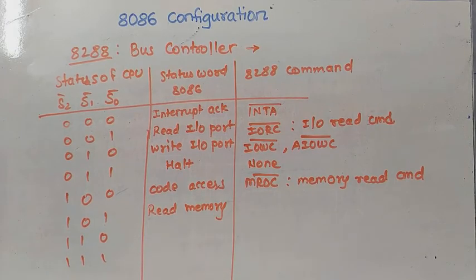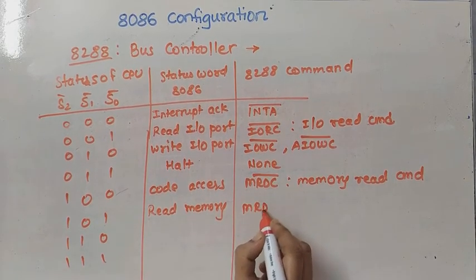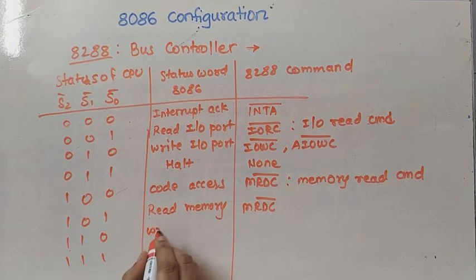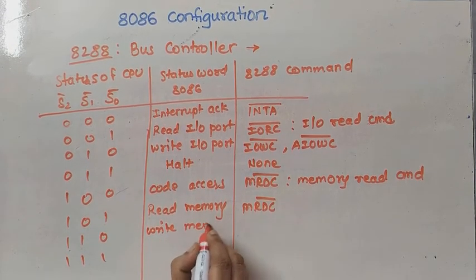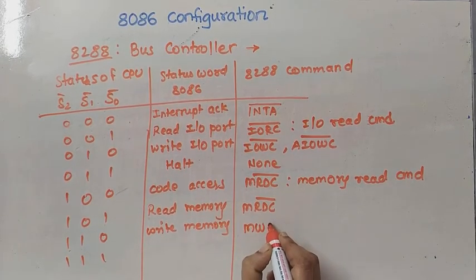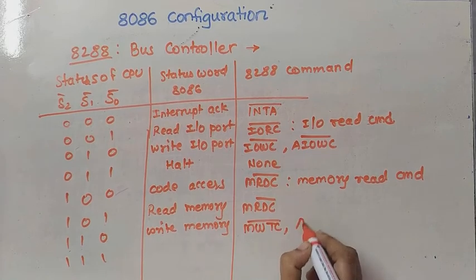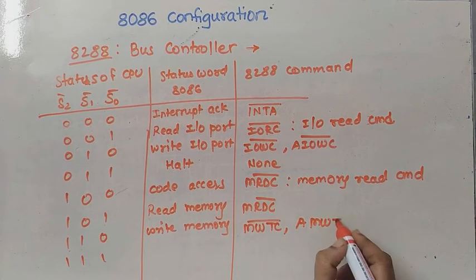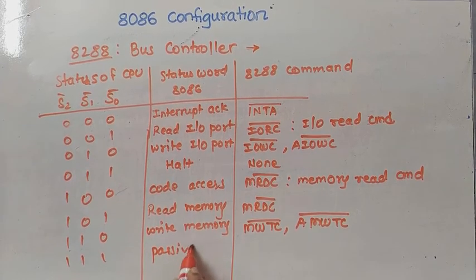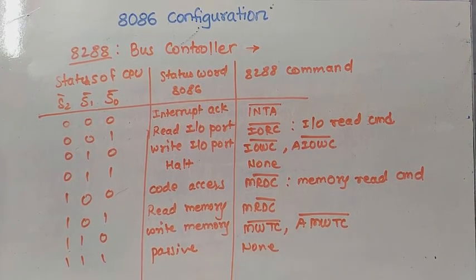So again MRDC bar, that is the memory read command, is generated. For 110, write memory is the status word, and for that MWTC bar or AMWTC bar command is generated, that is memory write command or advanced memory write command. And 111 is passive, so again no command will be generated for this.